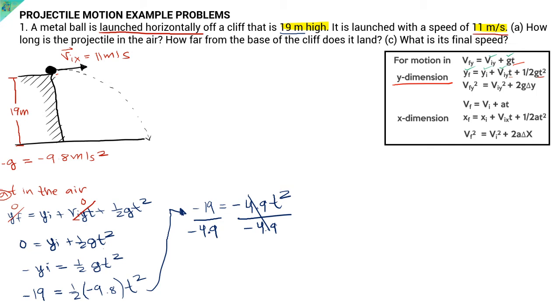Our formula would be t squared is equal to negative 19 over negative 4.9. This is t squared, and we want it to be t only so we can get a time. To do that, we have to remove the square by putting a square root on both sides. Our final answer is t is equal to, get your calculator, let's compute for that, the square root of negative 19 over negative 4.9.